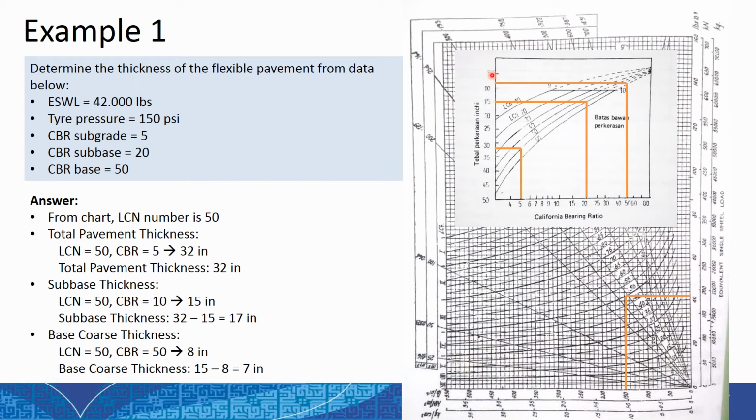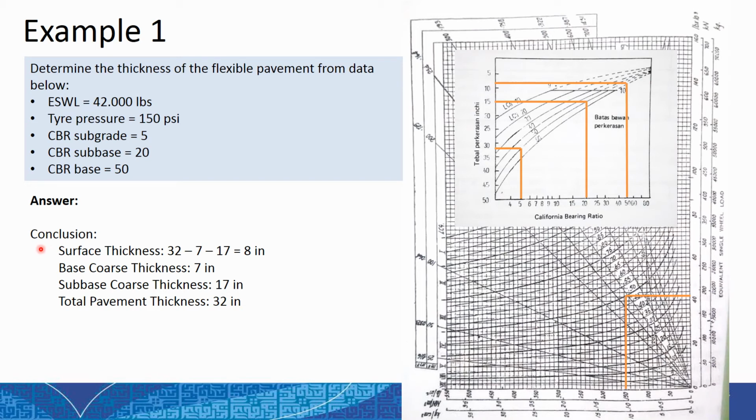This is around 8 inches. This 8 inches is not the base course thickness, but we have to subtract 8 from 15. We get 15 from here, and then 15 minus 8 is 7 inches. So the base course thickness is 7 inches.